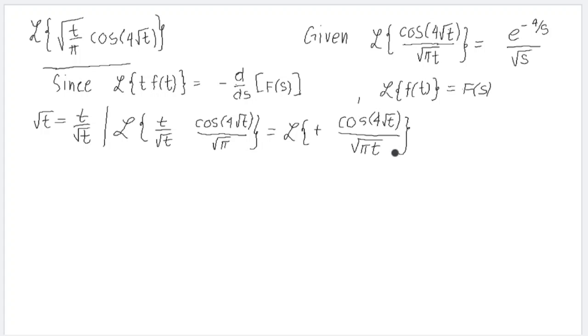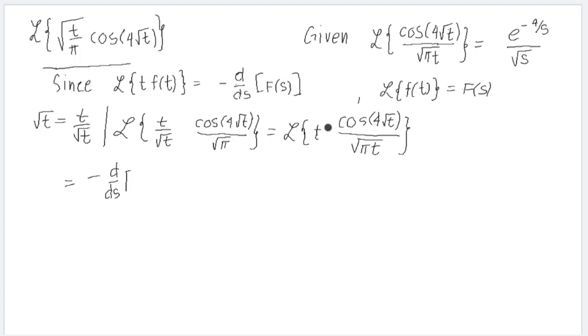Now, since we've already changed the inside function in terms of t times f of t, where f of t is cosine 4 square root of t over square root of pi t, let's equate that to negative d over ds of F of s. Now, what's F of s?